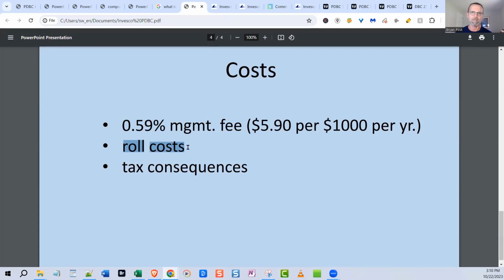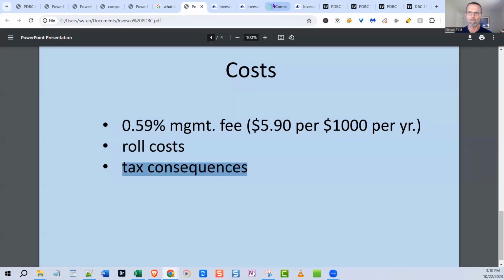But there's a cost involved in rolling those contracts. And so anyway, there are rollover costs involved in this ETF. I didn't dig deep enough to see how those costs affect the performance of the ETF. But anyway, be aware that there are rollover costs in this ETF, and then tax consequences, as I mentioned.